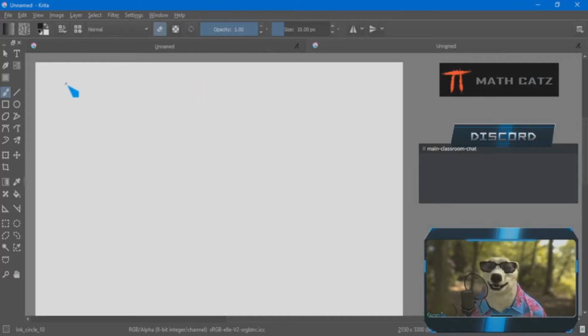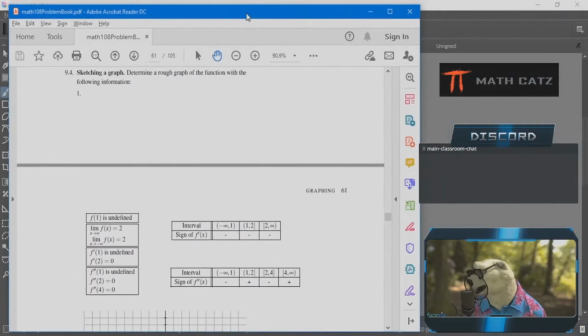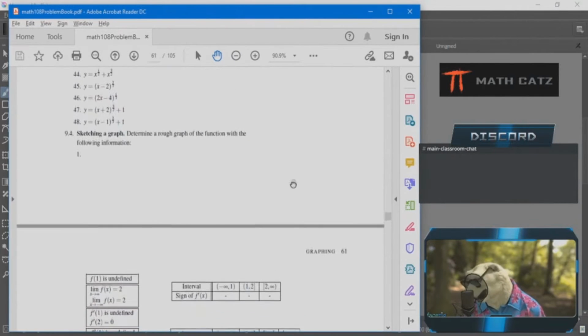So let's just look at Problem 9.4. We might as well just do number 1. I'll just show you what it looks like, but I'll copy the information. It's at the very bottom of page 60 where the problem number starts.